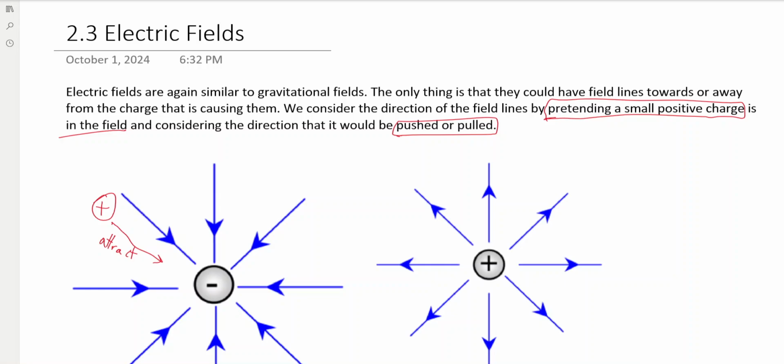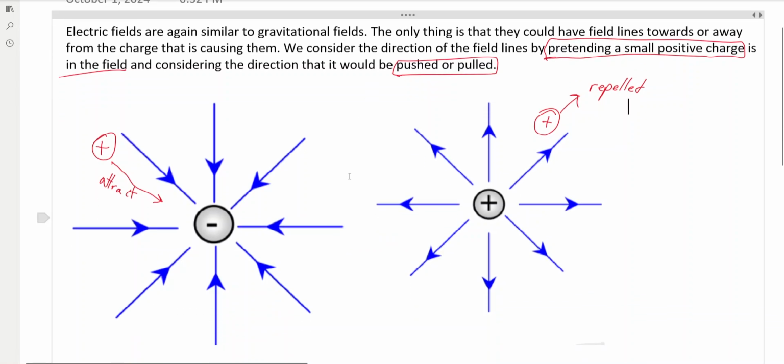So therefore all the lines are going towards. But if we put a positive charge over here, it's being repelled from the initial source that is positive, so that's why all the arrows point away from the center. So that's kind of the directionality to it.